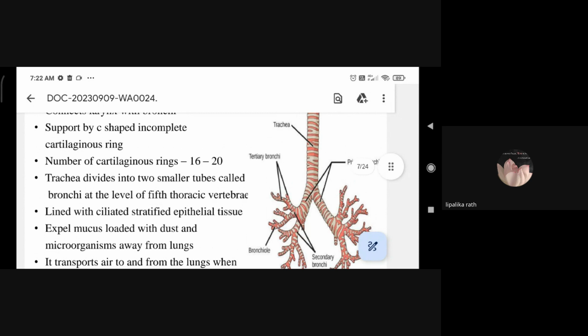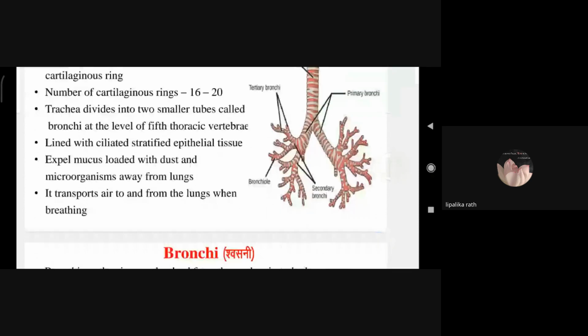Okay. So the trachea divides into two smaller tubes called bronchi at the level of the fifth thoracic vertebra, lined with ciliated stratified epithelial tissue. Now you can understand where the trachea is dividing.